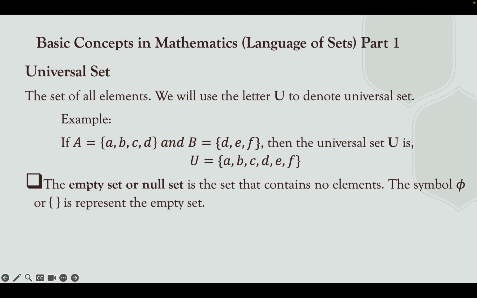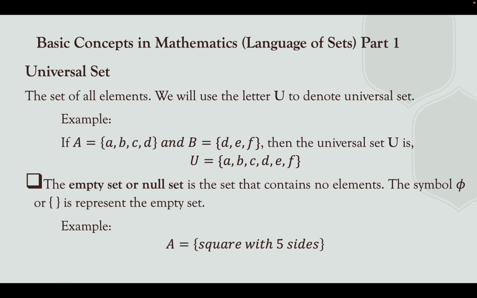And then the empty set or null set is the set that contains no elements. The symbol is a zero with a slash, or empty braces, which represents the empty set. So we have here an example of empty sets. Set A, we have squares with 5 sides. Are there squares with 5 sides?